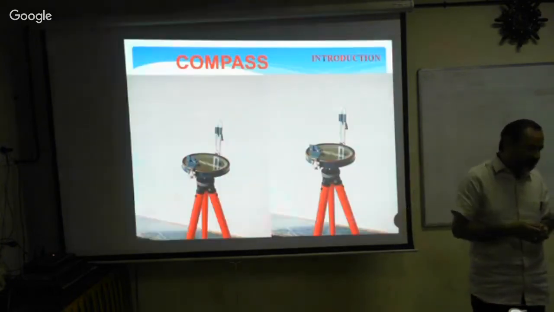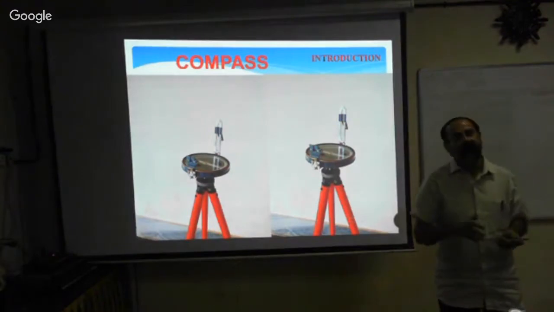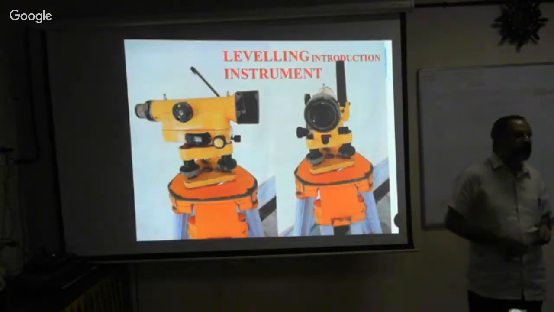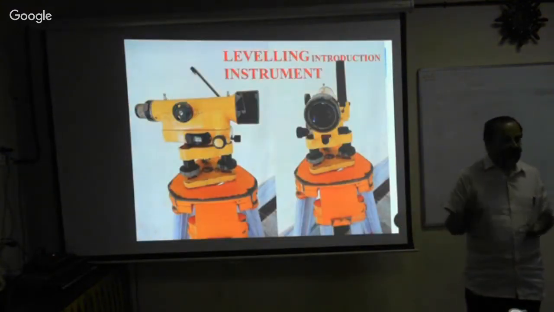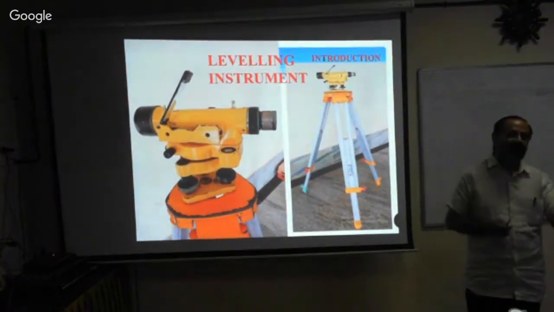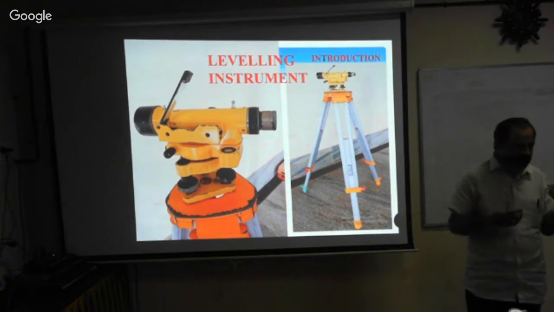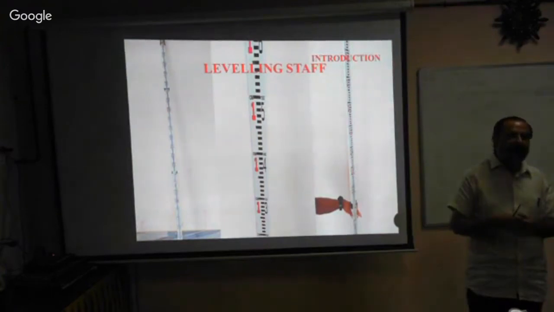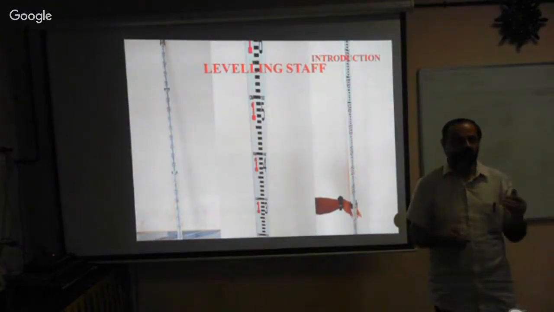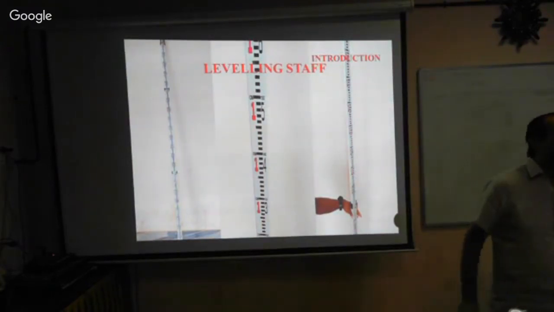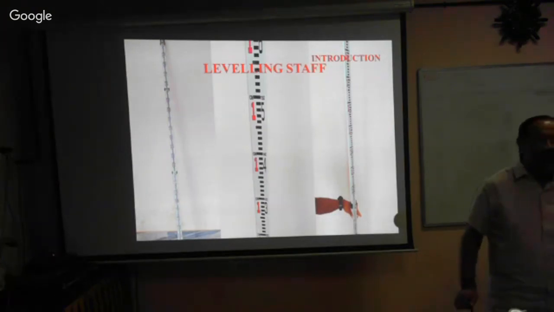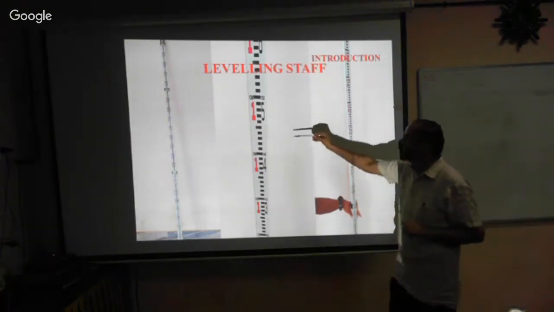Next, please. What is this? Very good. Next, please. Now we have seen these different views of your dumpy level. We will discuss a little more about this in the next class. Okay, please. So this is the leveling staff. One should understand this. A 3-meter leveling staff is available, a 4-meter leveling staff is available. The graduation: what is the thickness of each band?